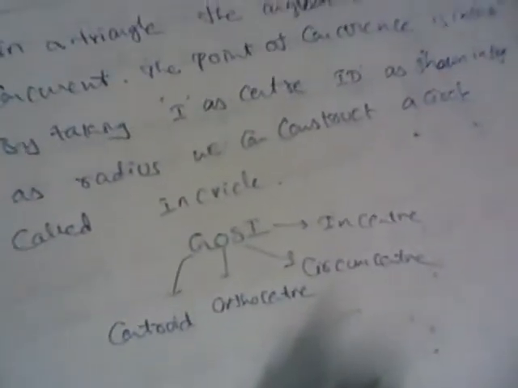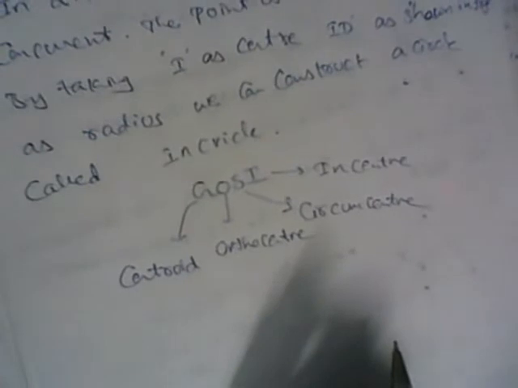Up to now, we have learned these concepts. Centroid is the point of concurrence of medians. Orthocenter is the point of concurrence of altitudes. Circumcenter is the point of concurrence of perpendicular bisectors. Incenter is the point of concurrence of angular bisectors.